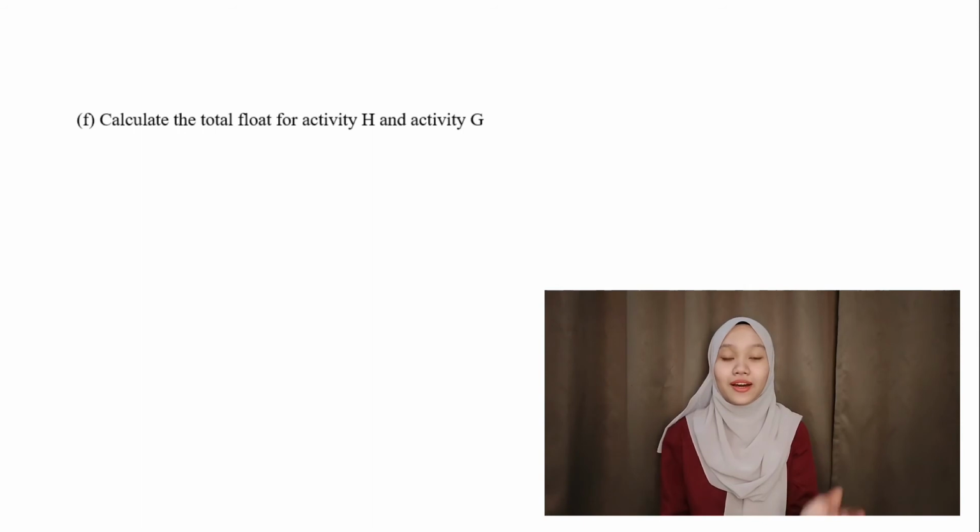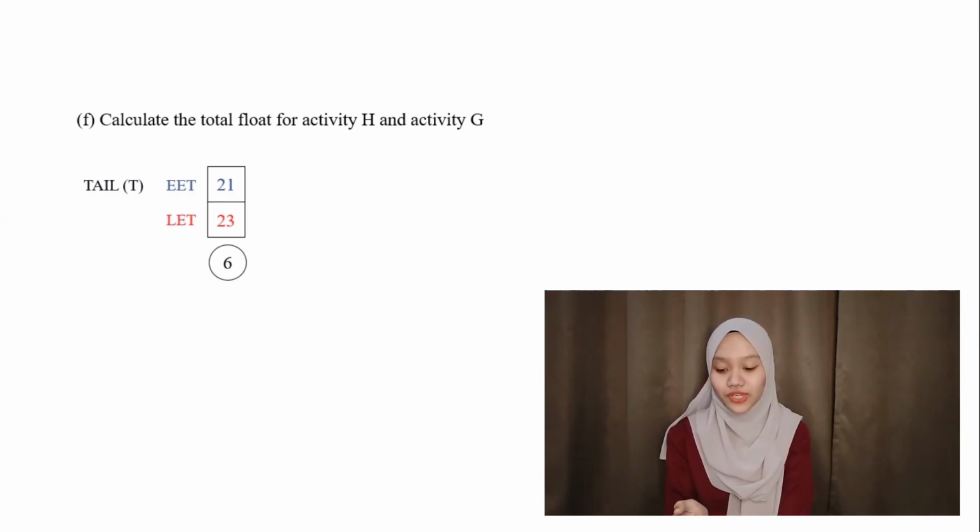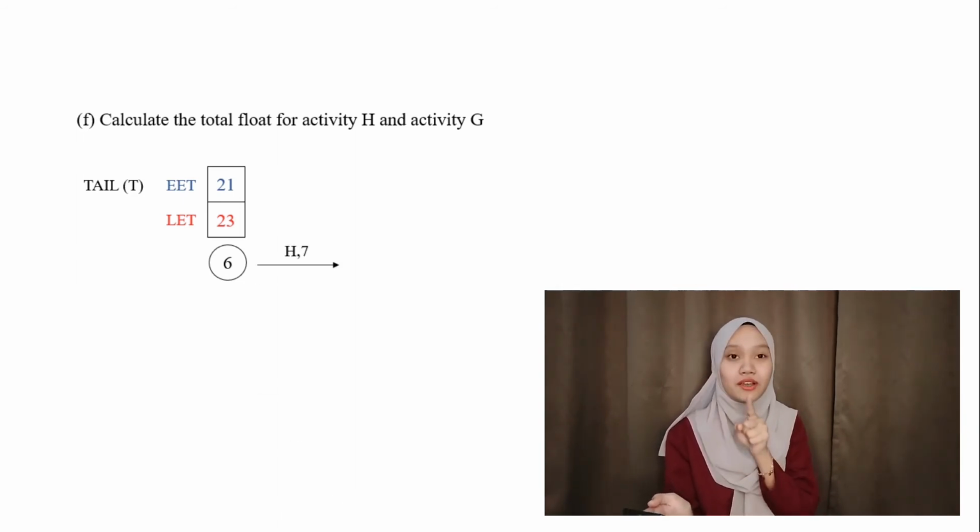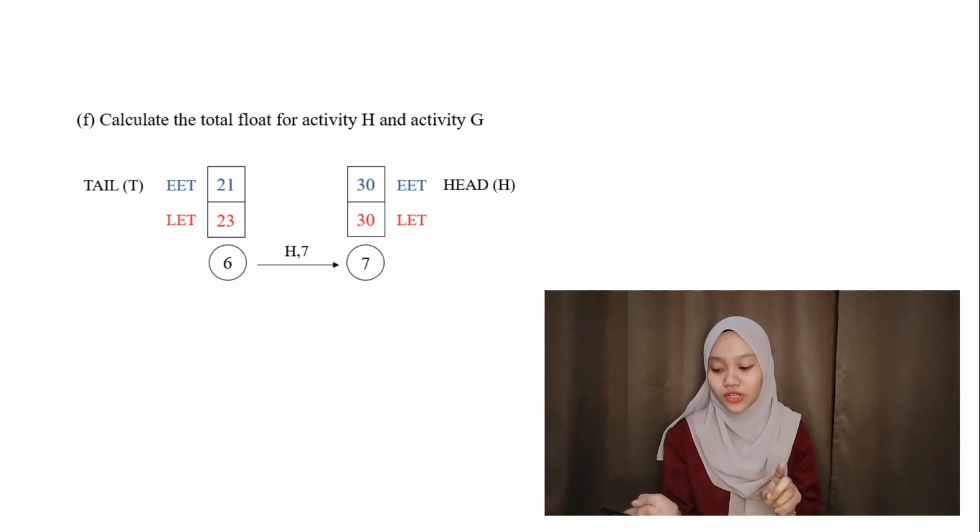Then you put the box for EET, which is node number 6, which is 21, and LET, which is 23. Then you draw the arrow, where you put H, comma, 7. And we proceed going back to the box, which is EET 30 and LET 30 for node number 7.